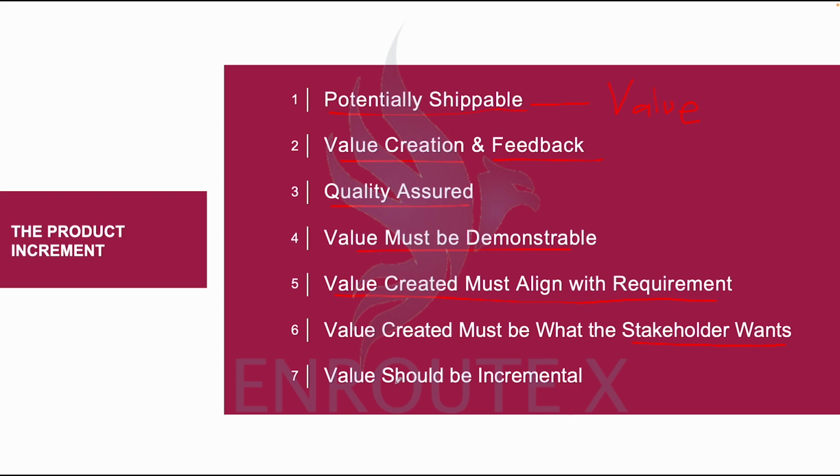And I've explained earlier that value is incremental. It continues to build from layer to layer to layer until the entire product backlog is converted into a product that is fully developed. And that will be all for this class.